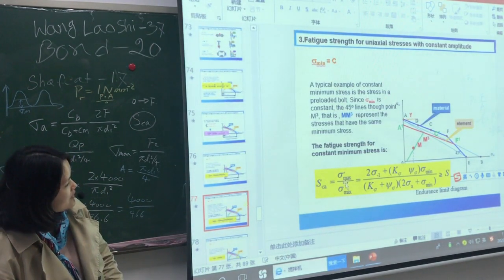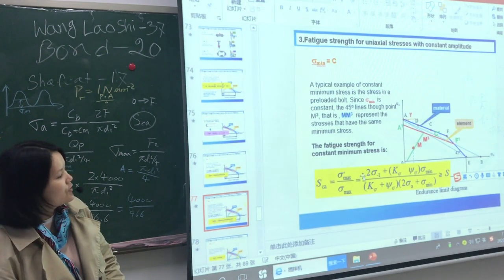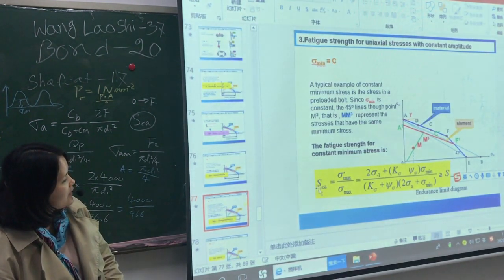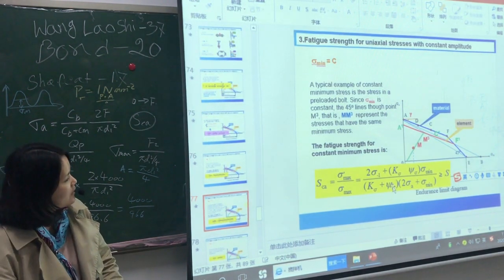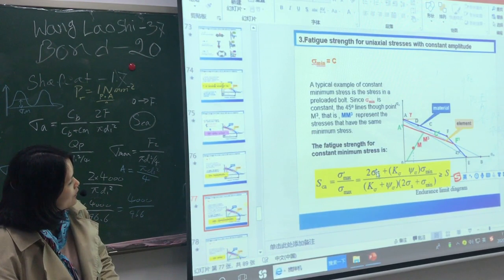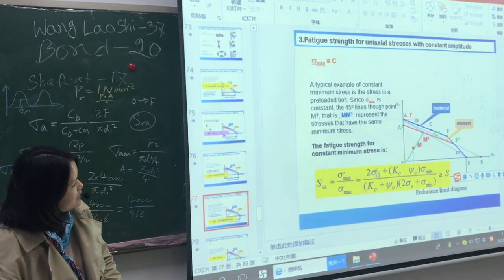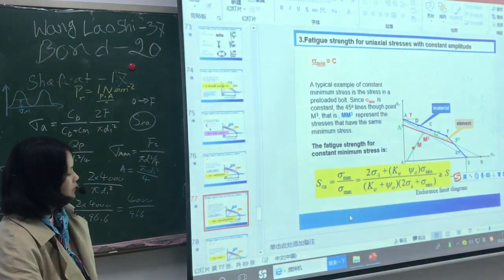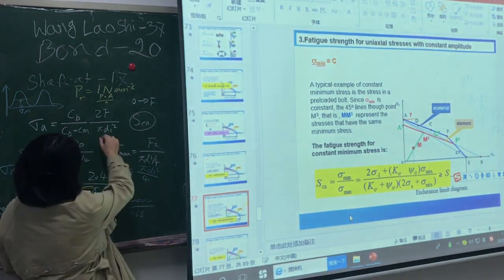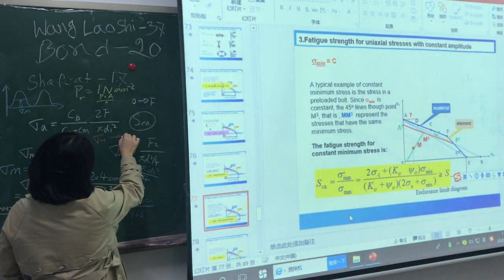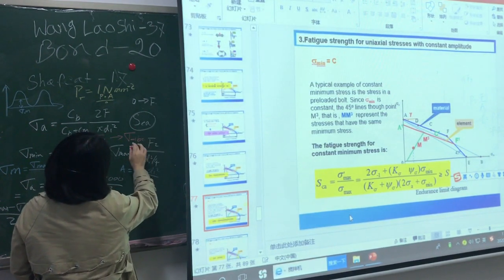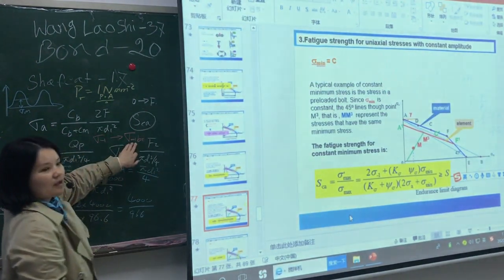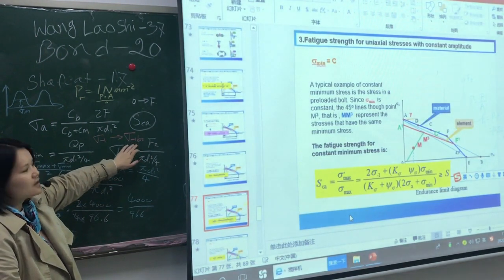We use this to calculate the SCA, and the SCA should be larger than the allowable S. And this is for sigma minus 1, should change to sigma minus 1. This is for the bolt, okay? This is for the bolt.